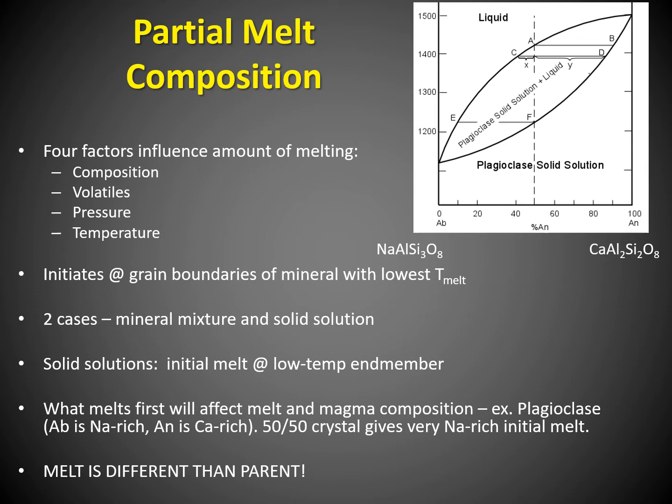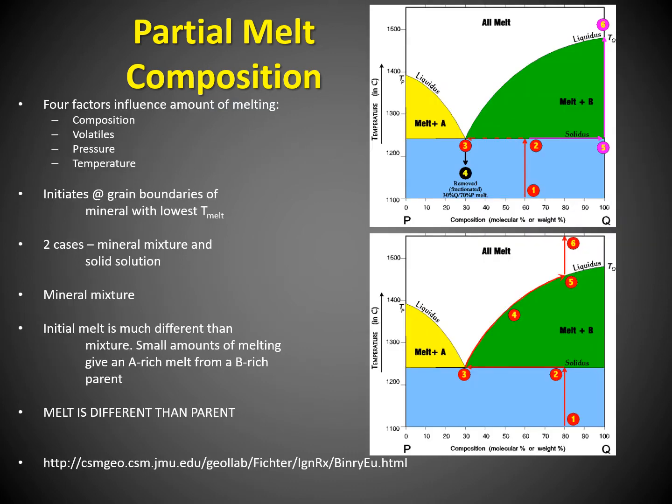Okay, so this example was for a solid solution mineral like a plagioclase. You could find a similar phase diagram for olivine, where you have a magnesium-rich end member and an iron-rich end member. But a lot of times what we have are two separate minerals. Let's say pyroxene and olivine mixed together.